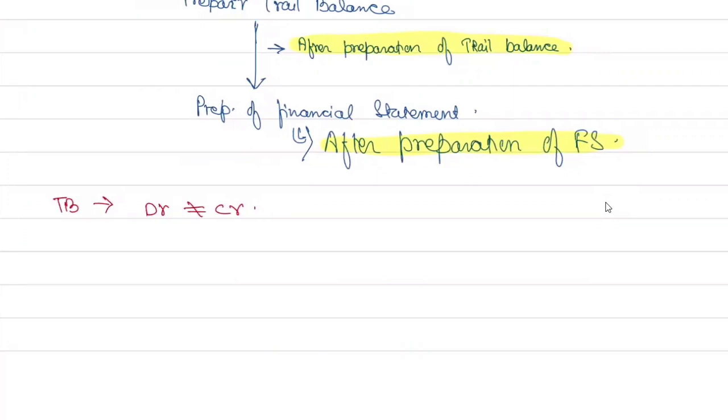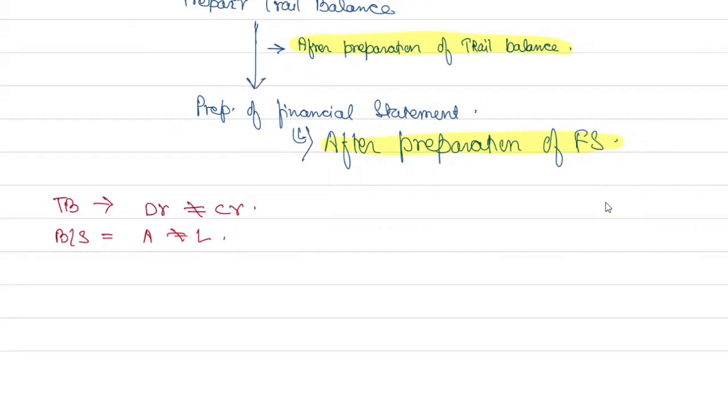If debit and credit do not match, it means somewhere some mistake has been made. Or in the balance sheet, if assets are not equal to liabilities, that means somewhere I have made a mistake in the whole accounting. These are mainly the two places where everyone tries to identify that if they are not matching, there has been some mistake in my accounting process, and then we try to find out those mistakes and rectify them.